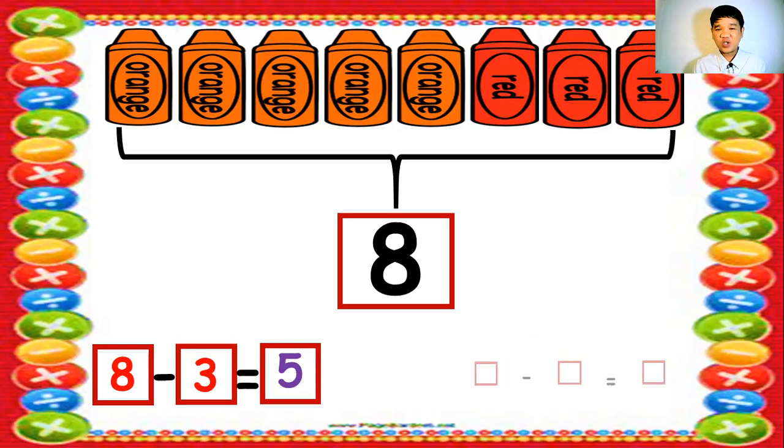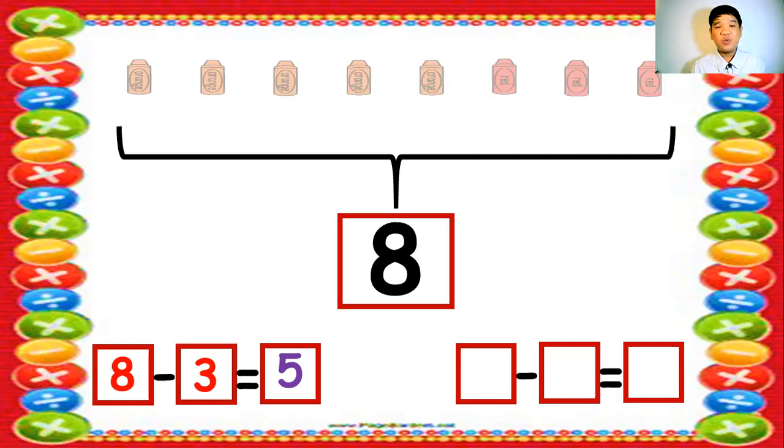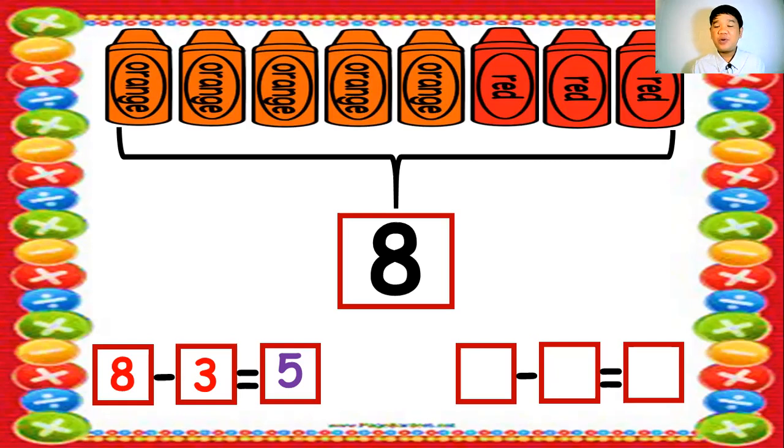All right, next question. How many red crayons do we have? First, we have to count the total number of the crayons, which stands for our minuend. So we have 8 crayons. 8 minus, what would be our subtrahend?